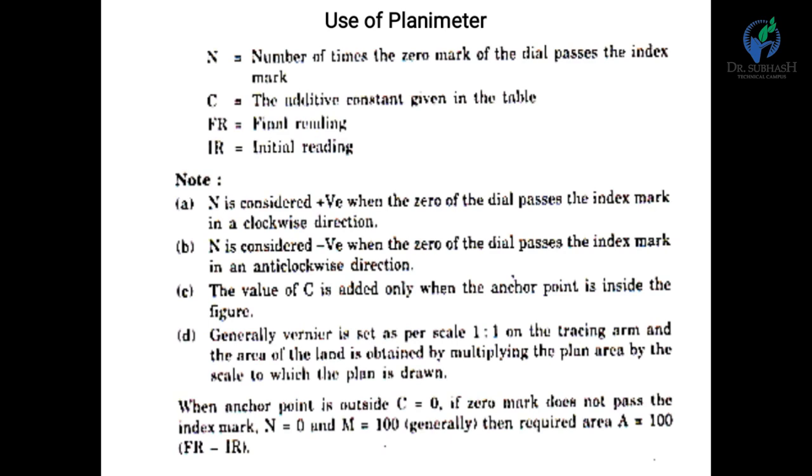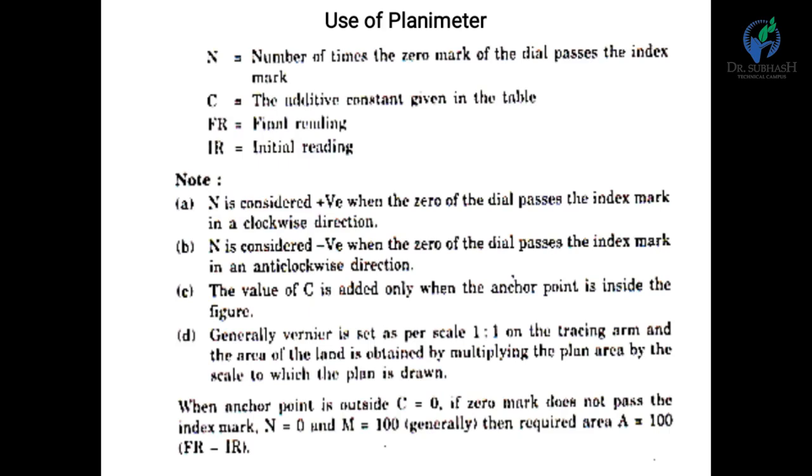With that, one thing we have to consider is that N is positive when the zero dial mark passes the index mark in the clockwise direction, and N is considered negative when it passes in the anti-clockwise direction. The value of C is added only when the anchor point is inside the figure.